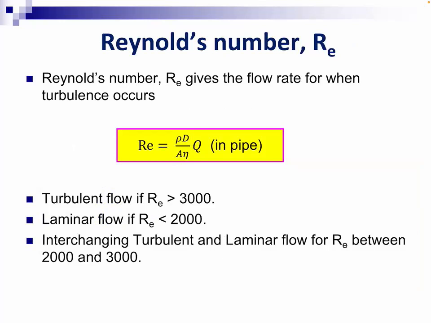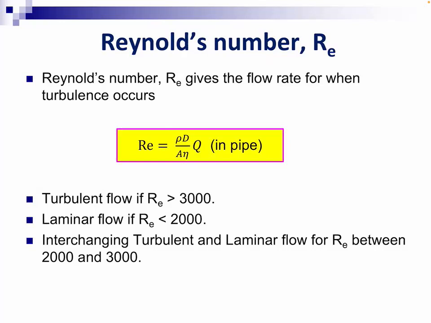It's just a number without any unit. If the Reynolds number is greater than 3,000, you have turbulent flow. If the Reynolds number is less than 2,000, you have laminar flow. And there's a gap between these numbers. Between 2,000 and 3,000, you have interchanging turbulent and laminar flow.